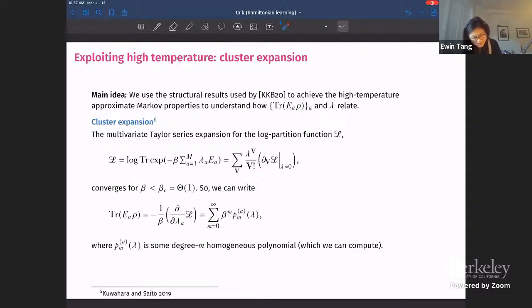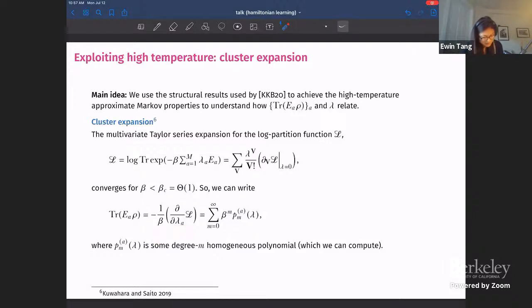And upon knowing that the log partition function can be written as a power series, we can write our marginals also in terms of this power series, because it's just a derivative of the log partition function. So it's a rescaled derivative.